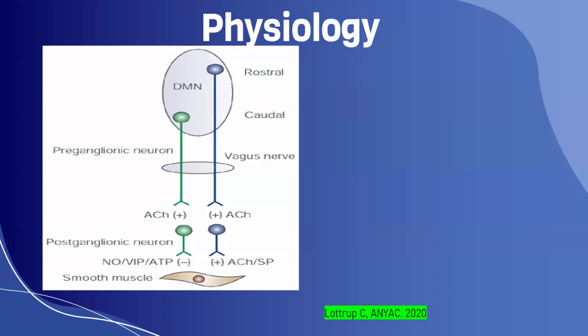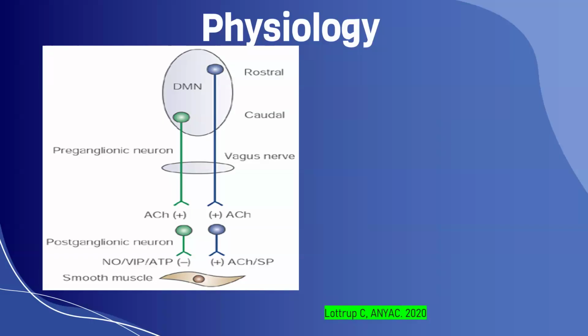Coming to the physiology, the esophageal myenteric plexus contains cell bodies of motor, sensory, and interneurons. There are two populations of motor neurons. One set contains choline acetyltransferase and substance P, and these are the cholinergic neurons. Cholinergic neurons are excitatory in nature and contract the smooth muscles by releasing acetylcholine.